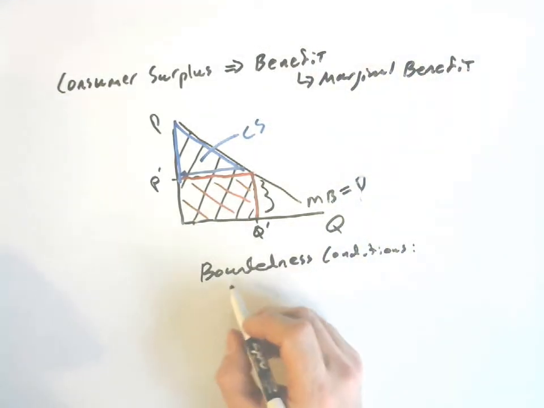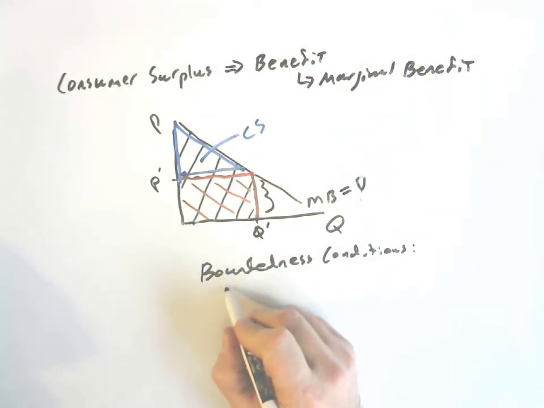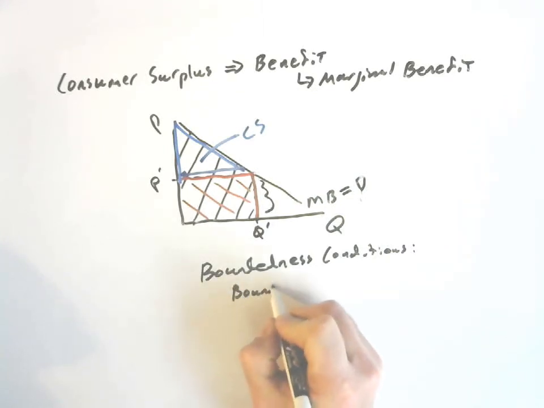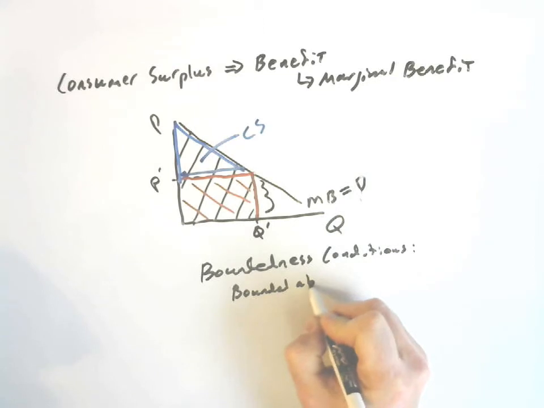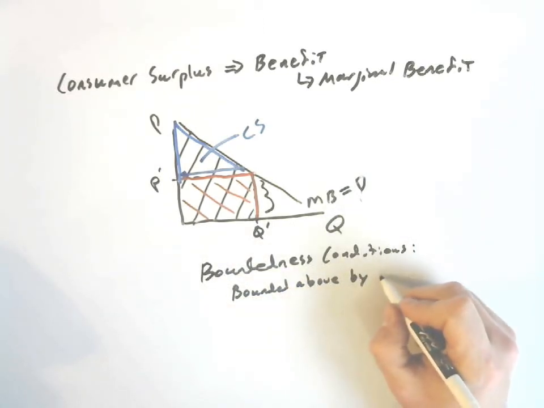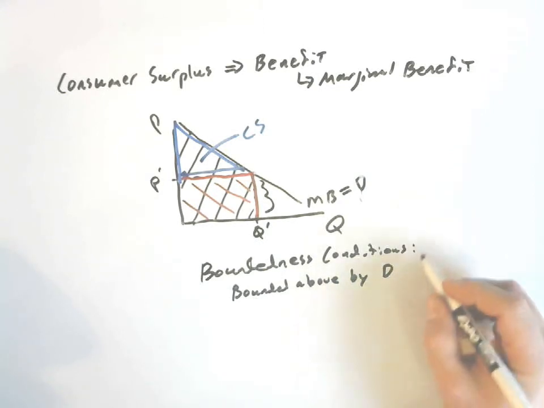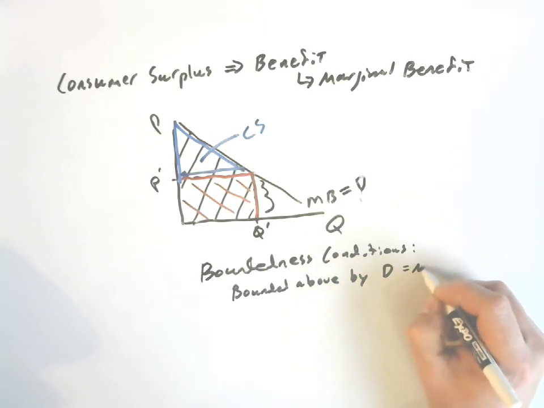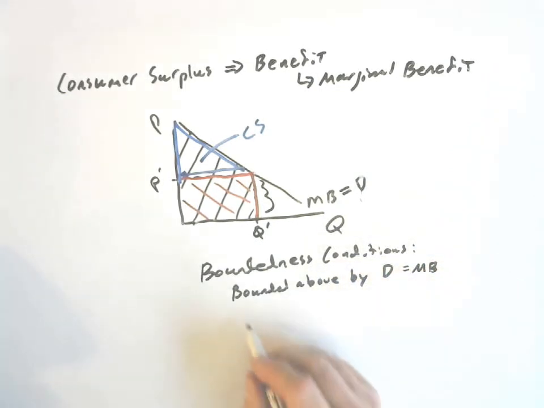So the boundedness conditions: consumer surplus is bounded above by demand, and we know demand is equivalent to marginal benefit.